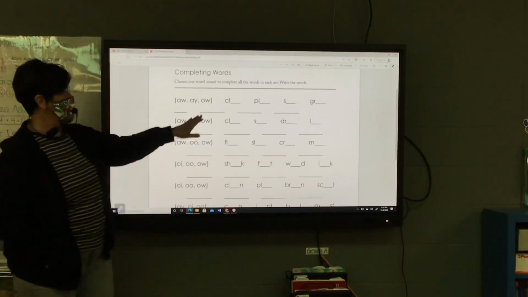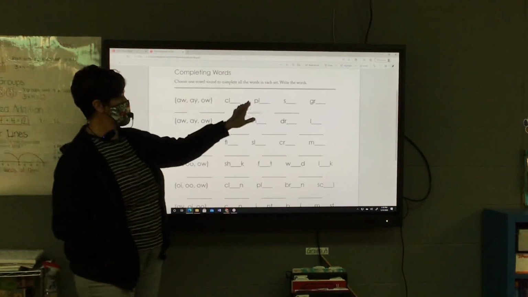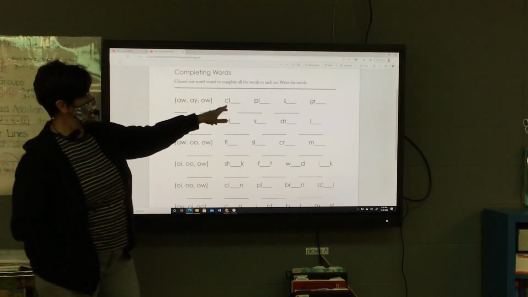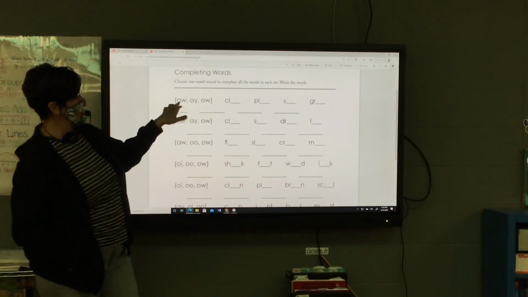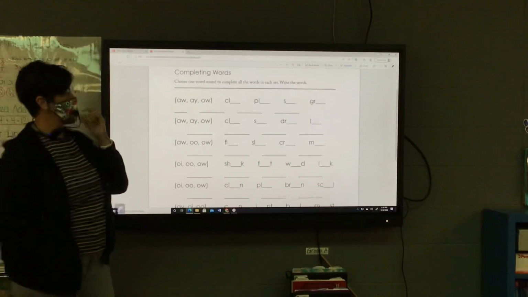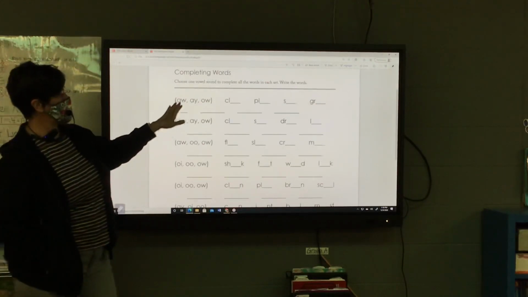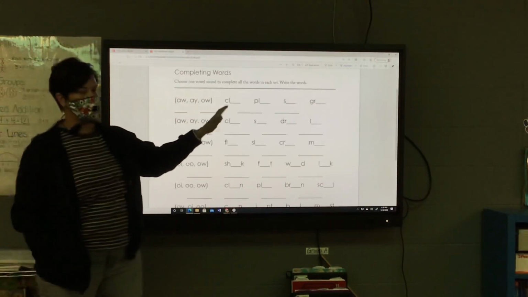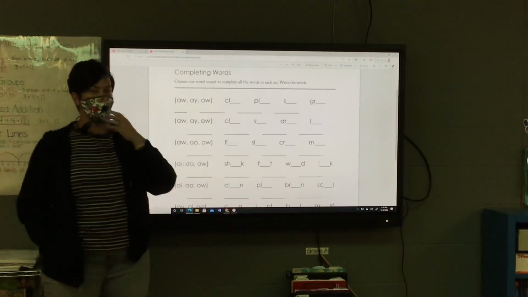Let's come across here. You have to use only one of these to make all of those real words. So is it going to be the ah, the a, or the ow, o sound?